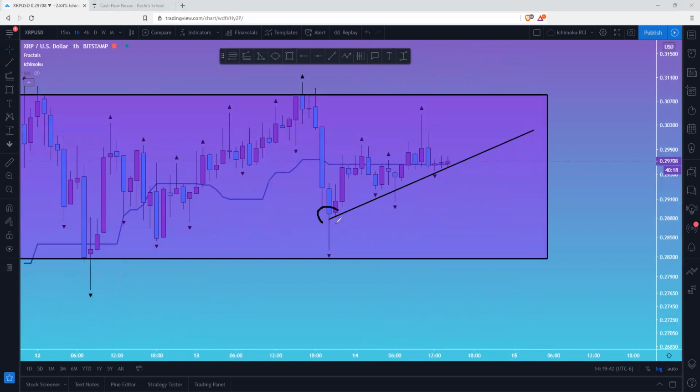Market is making higher lows. So this is the low. This is a higher low and another higher low here. And also, we could see that the market is also making higher highs as well. So we could see that the market is making somewhat of a channel here, correct?